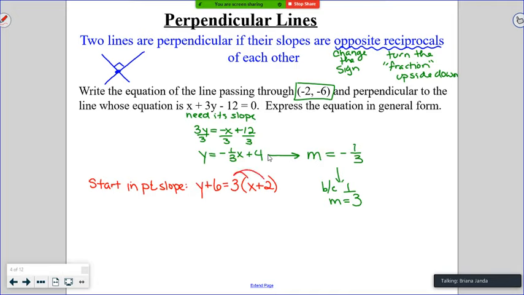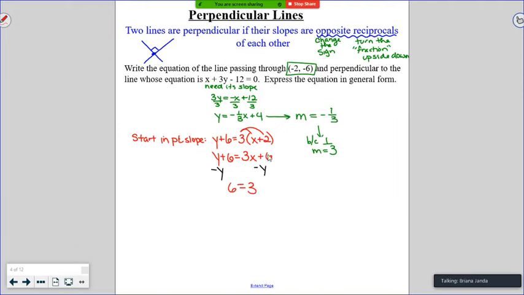So as I distribute here, I see my x is positive over there, so I'm just going to move everything to the right-hand side and keep that x positive. So to do that, I would subtract y. I'll do this in 2 steps here. And I would subtract 6 to move everything to the same side. But actually, your 6 minus 6 is gone, so you wouldn't have a constant listed after that. There's your general form.